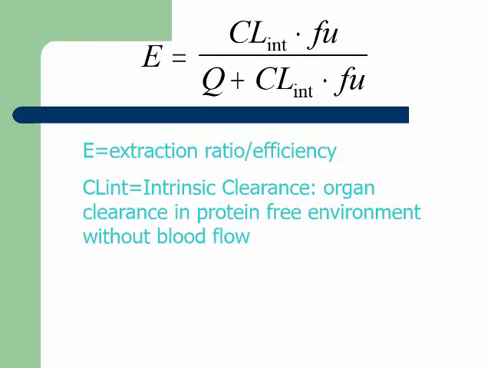So it's organ clearance in a protein-free environment, so unbound drug and without blood flow being an issue. If you think about the liver, it's the intrinsic ability of the liver to metabolize drug.